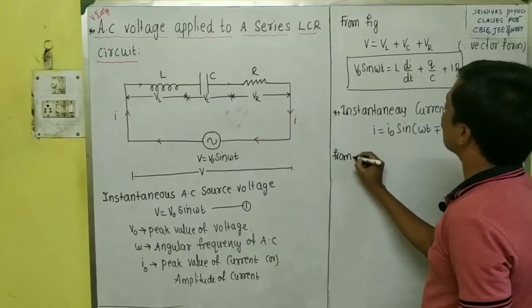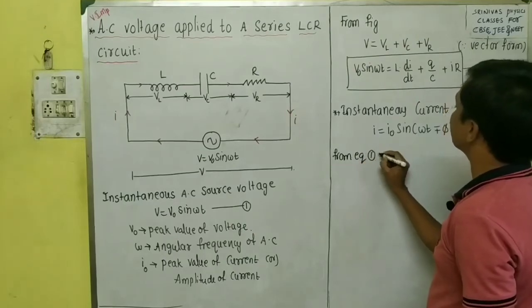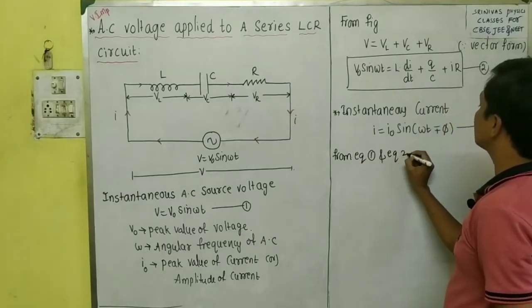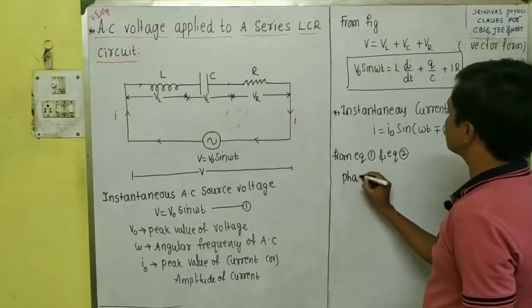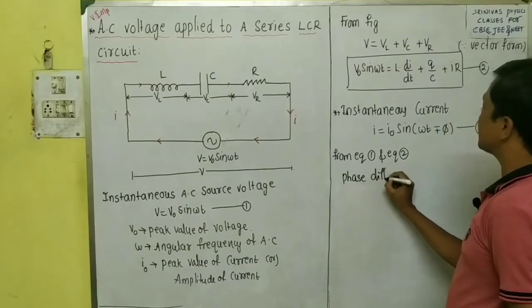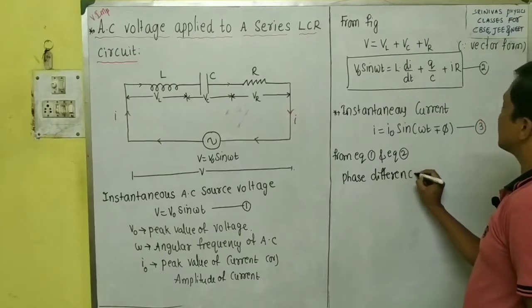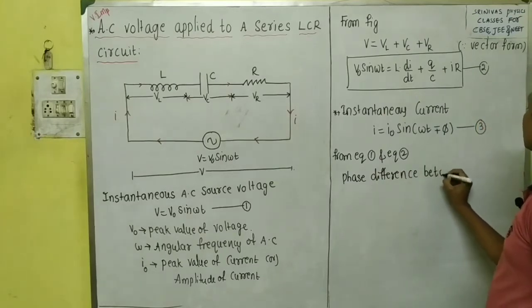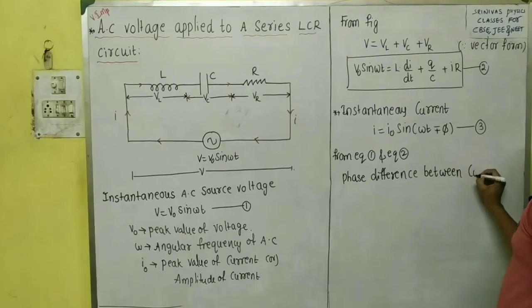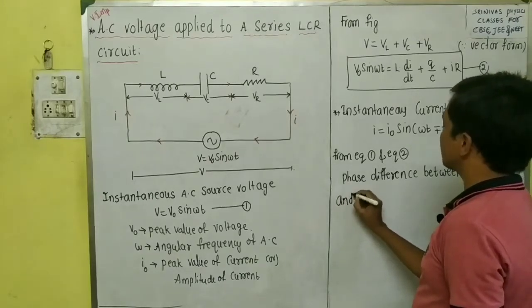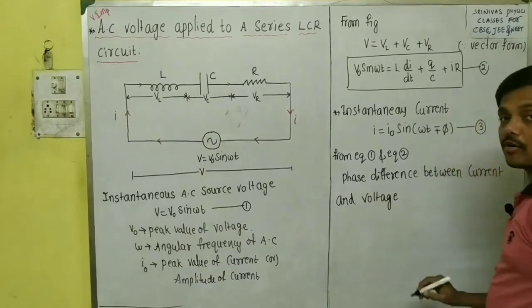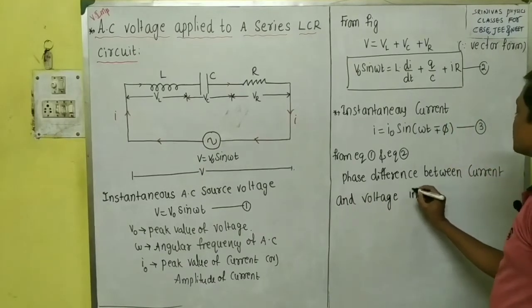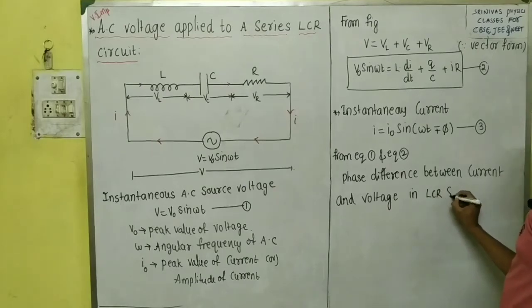From equations 1 and 2, what is the phase difference between the current and voltage or EMF in the LCR series circuit?